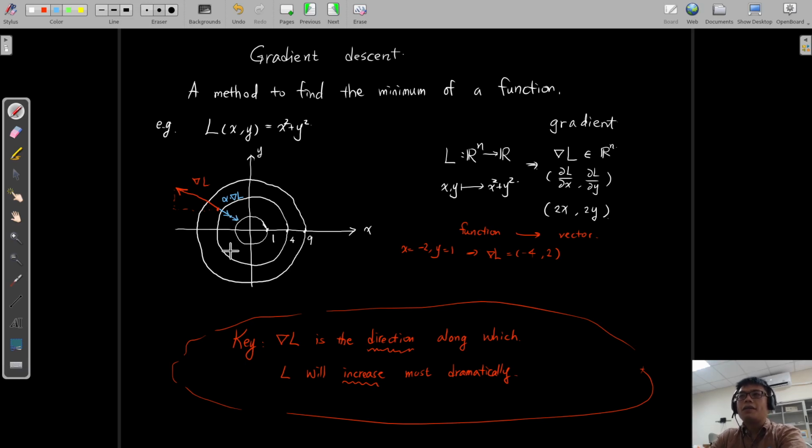Moving in the opposite direction of the gradient, which is minus gradient, you can use some scalar alpha times the opposite direction. And keep going, then you will get to the end. Okay, so that's the idea of gradient descent.